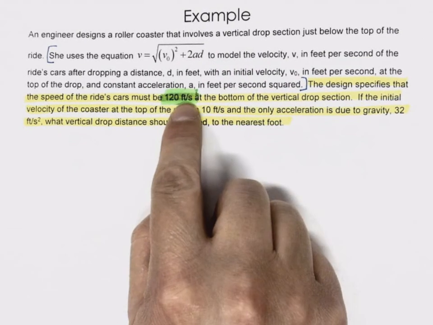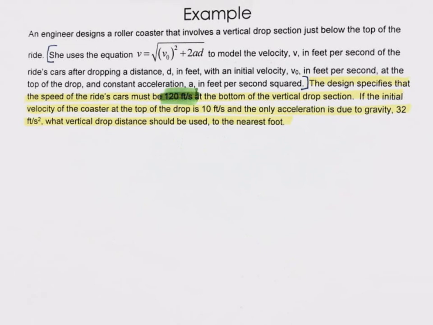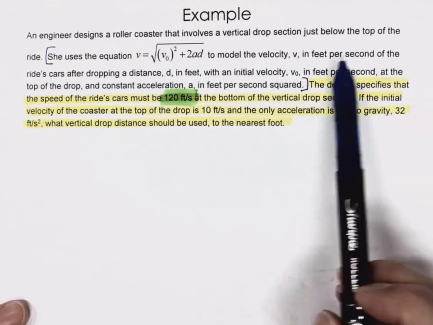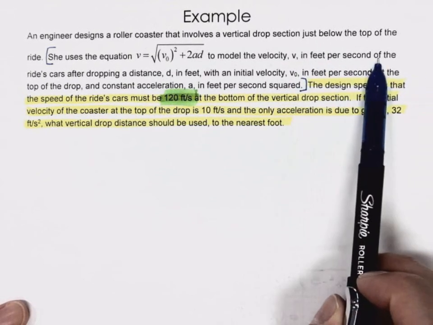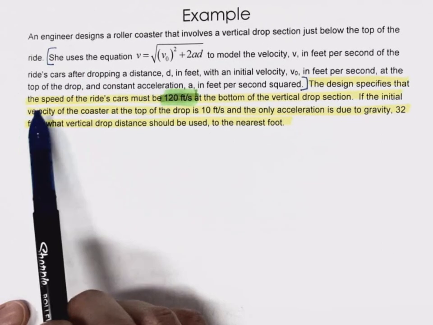Okay, so it's in feet per second, so I know right away that it's a velocity. It's either my initial velocity or it's my final velocity. No, it's final velocity, because the next sentence says V in feet per second of the ride's cars after the dropping distance.